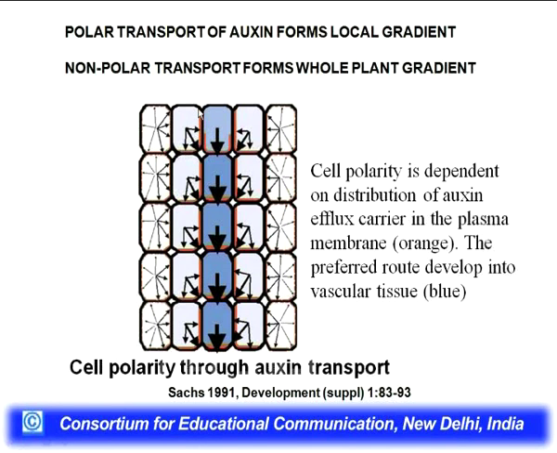The yellow marking in these cells indicates that auxin will come this way or down, but it will not go the other way around. So, the transporters present on the side will determine which direction auxin should flow.